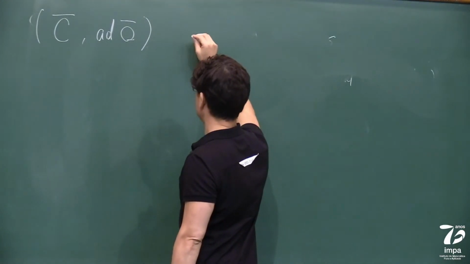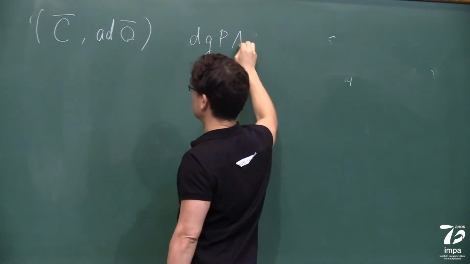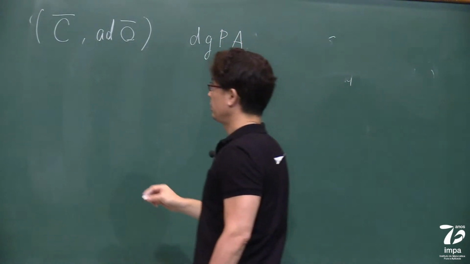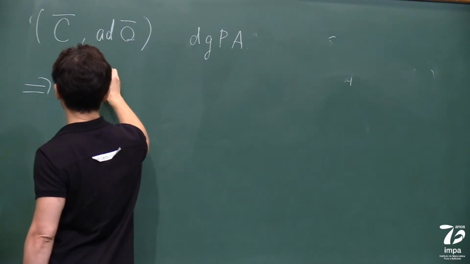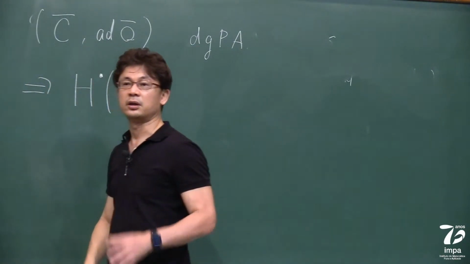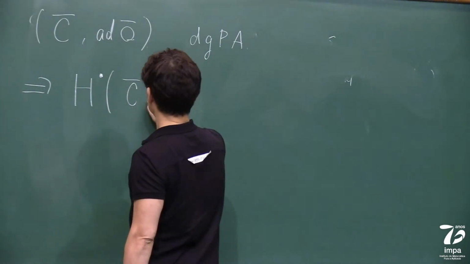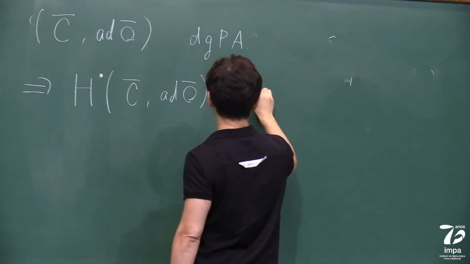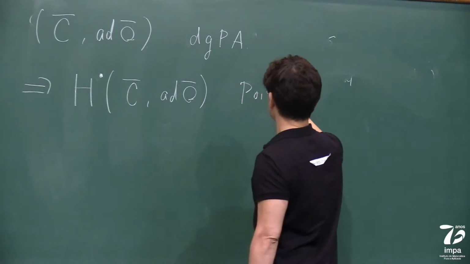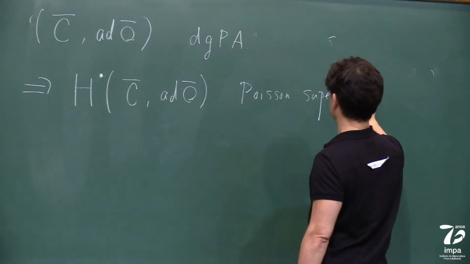So this is a differential graded Poisson algebra. So in particular, the corresponding cohomology, which is defined by kernel divided by image, has the structure of a Poisson superalgebra, or graded Poisson superalgebra.